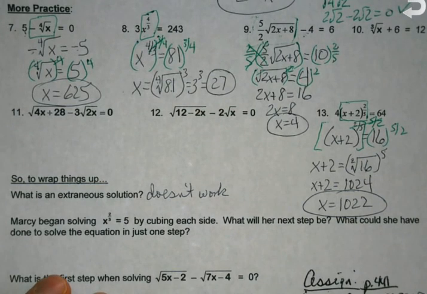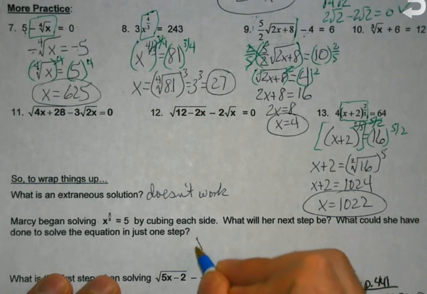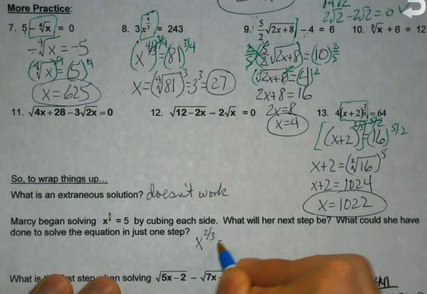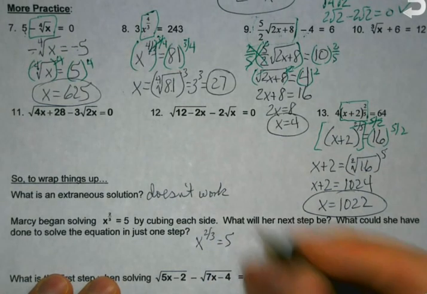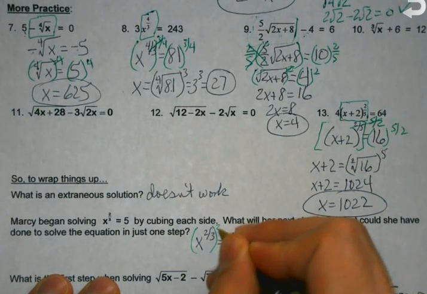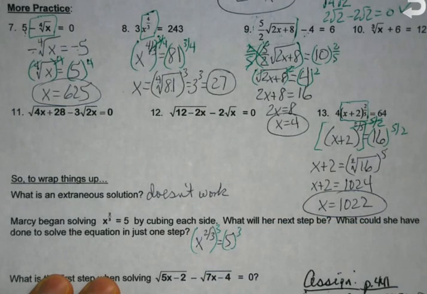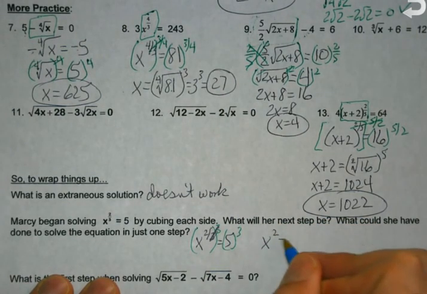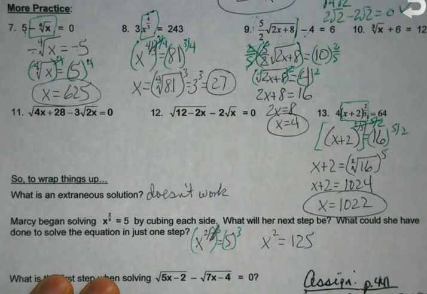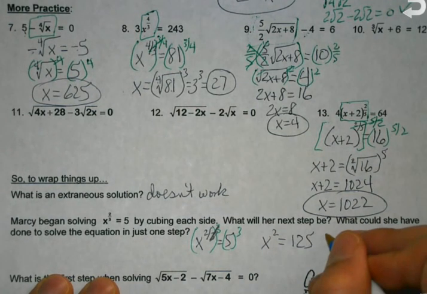So if I'd have cubed both sides first, which we're not sure why Marcy would do that, it just doesn't make sense to us. If she would have cubed both sides, that just gets rid of the denominator. So what would she still have to do at this point? Yeah, she'd still have to square root.